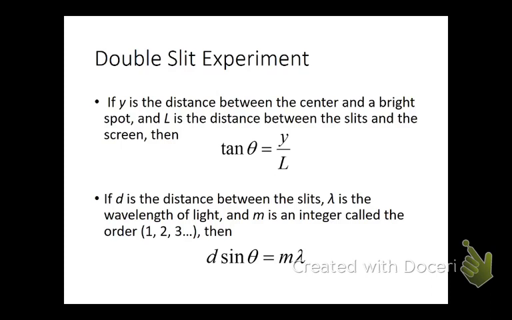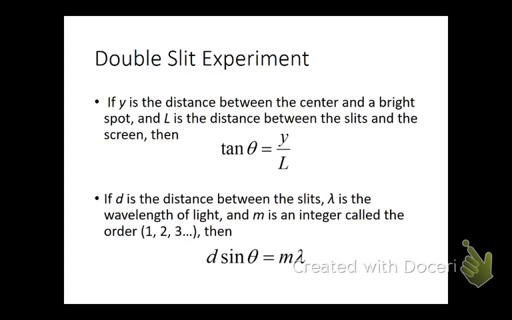Now, if you define y as the distance between the center, where there's always a bright spot, and a different bright spot, and L is the distance between the slits and the screen, then you can solve for an important angle theta simply by using right triangle trig and the tangent. Then if you know the distance between the 2 slits, you can solve for the wavelength of the light that's going through.